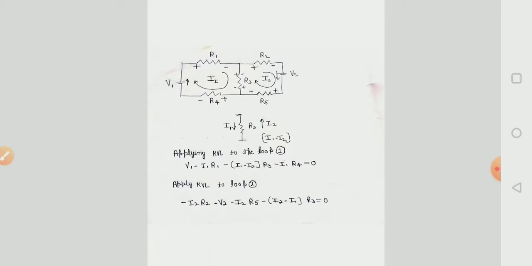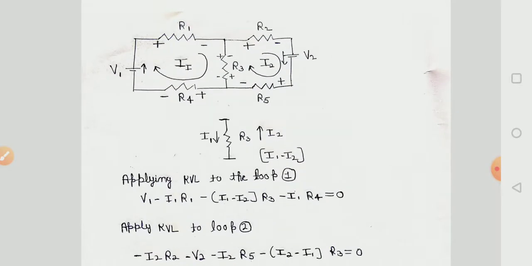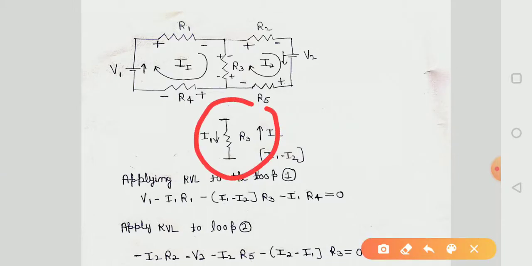In this circuit, in resistance R3 there are two currents, I1 and I2. The direction of current I1 is downward and I2 is upward.